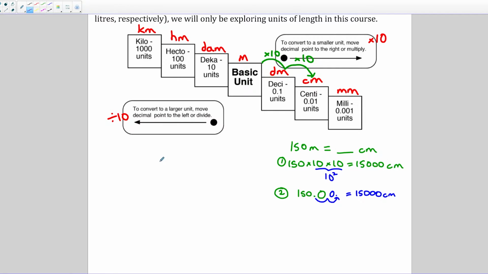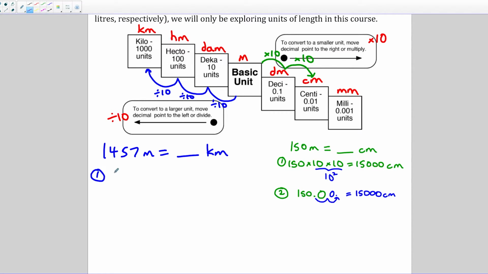If we were to use an example going in the opposite direction, let's use 1,457 meters. And we want to convert this into kilometers. We can see here that moving in the opposite direction, we would have to jump once, twice, and then 3 times. So for us, this really means dividing by 10 3 separate times.